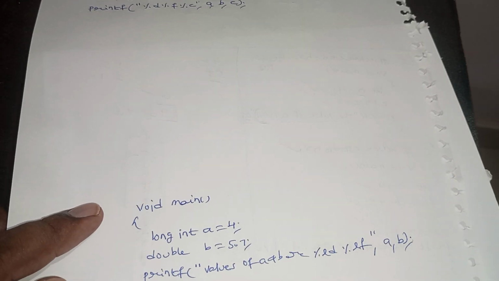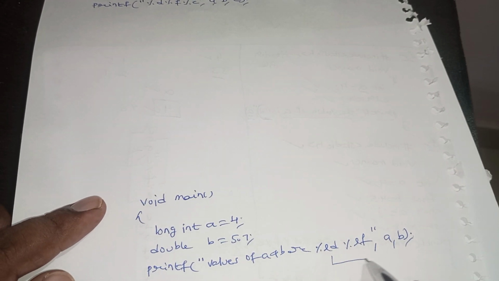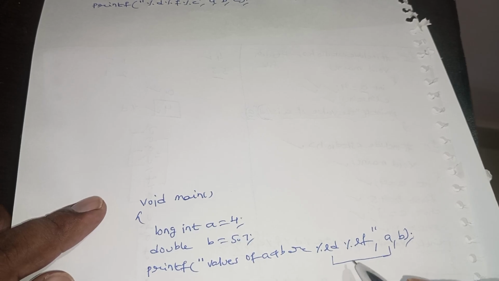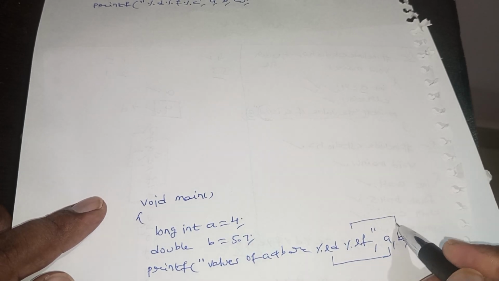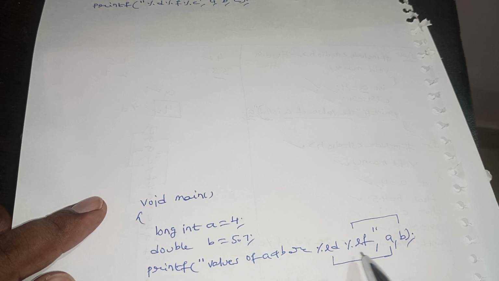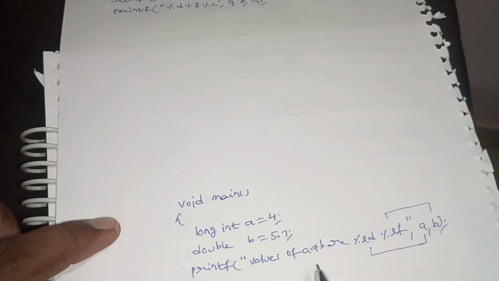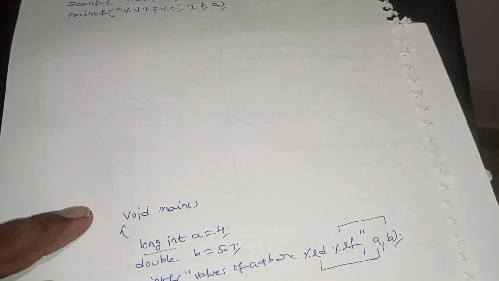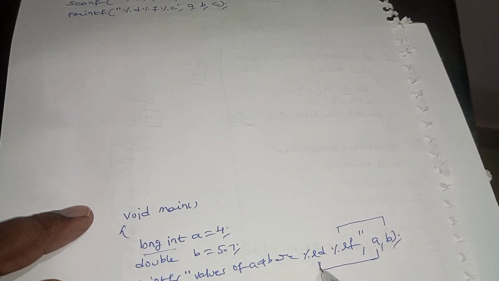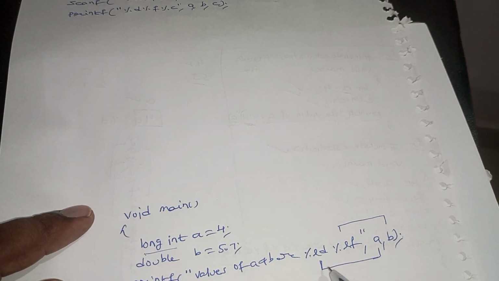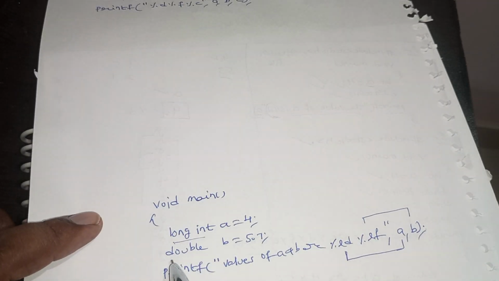Now you see here, this belongs to the first variable a, this belongs to the second variable b. See, you don't exchange. If it is long int, you have to mention %ld. Double is %lf, long float.